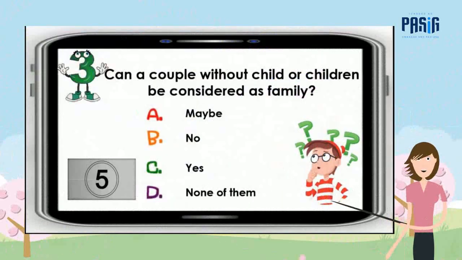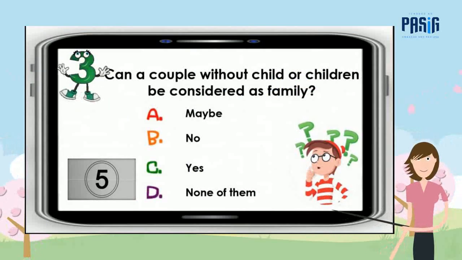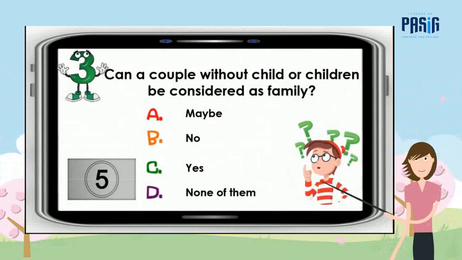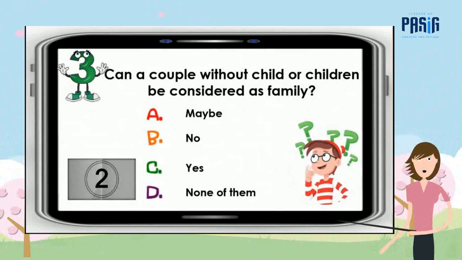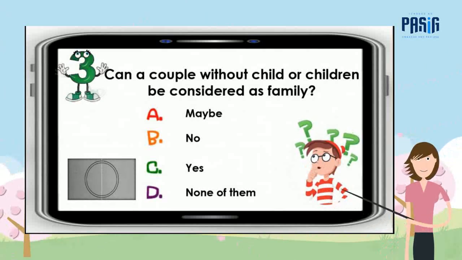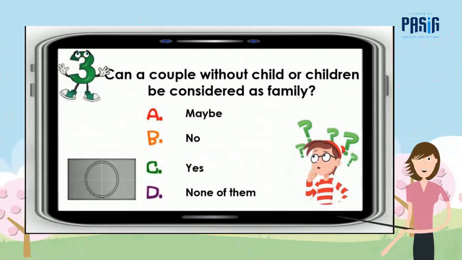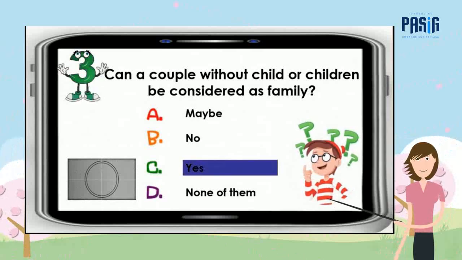For number 3, can a couple without child or children be considered as family? A, maybe, B, no, C, yes, D, none of the above. The answer is letter C, yes.